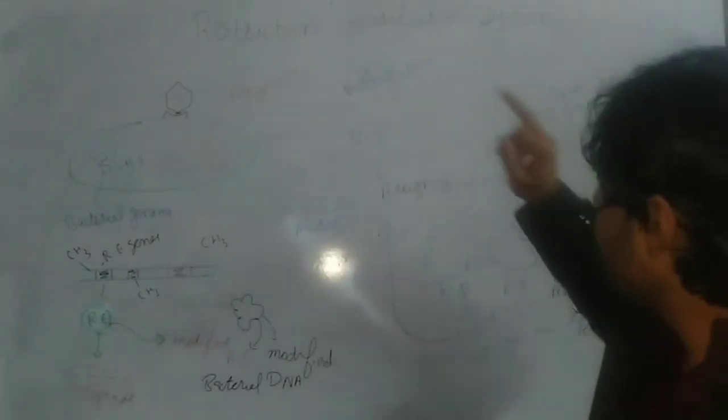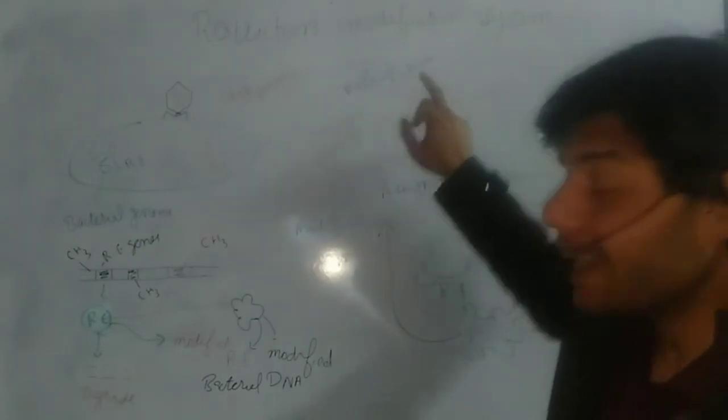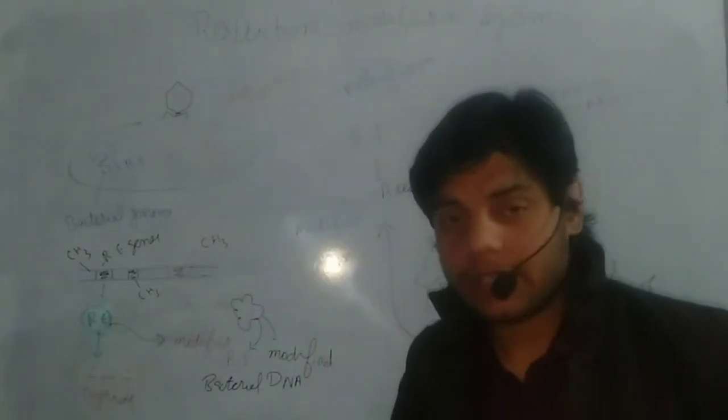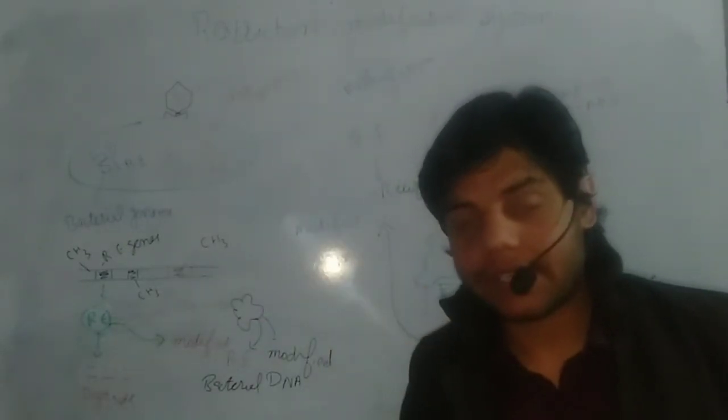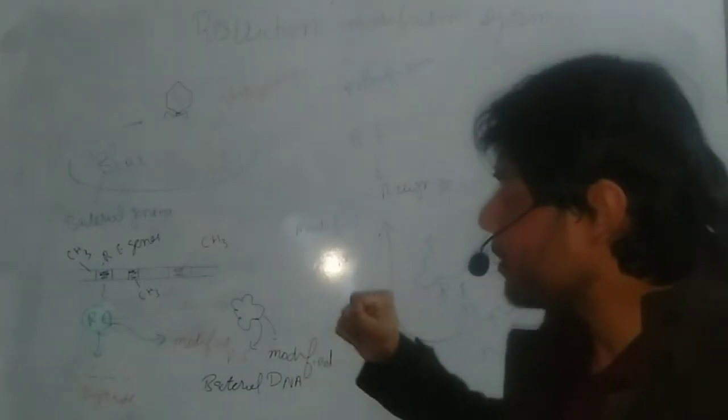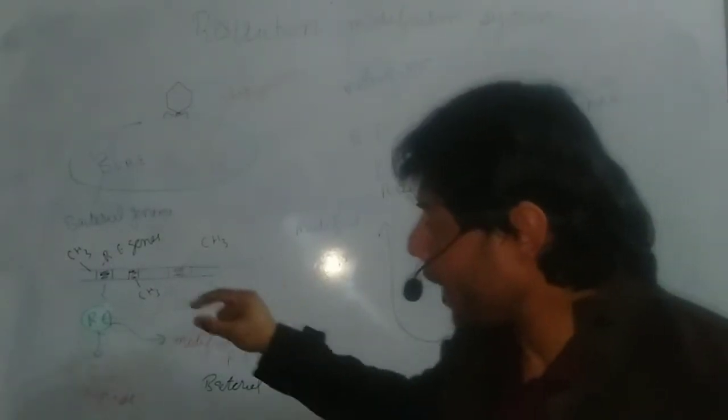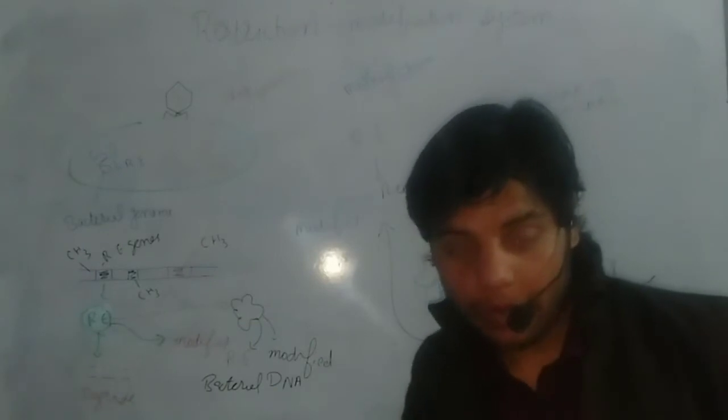Okay, now methylation. There are several enzymes available in a bacterial cell due to which methylation happens to this DNA molecule.